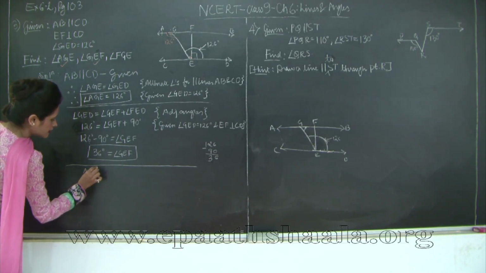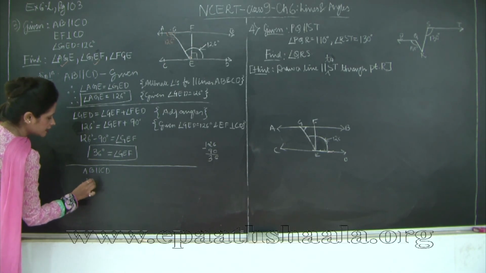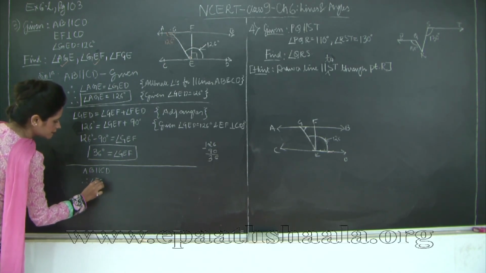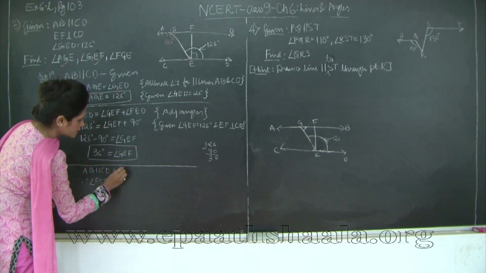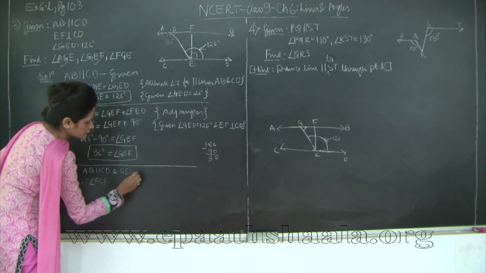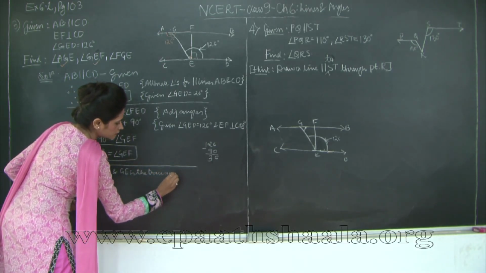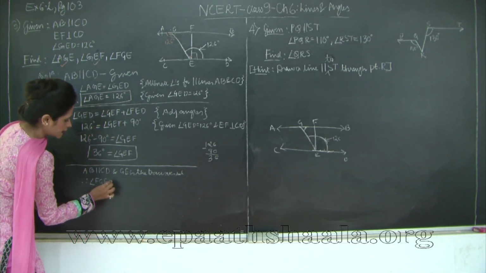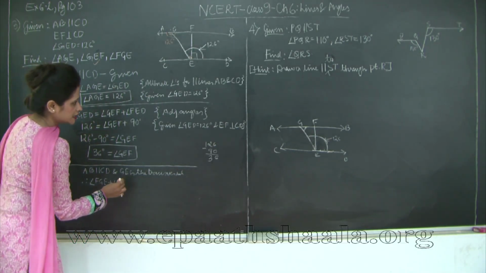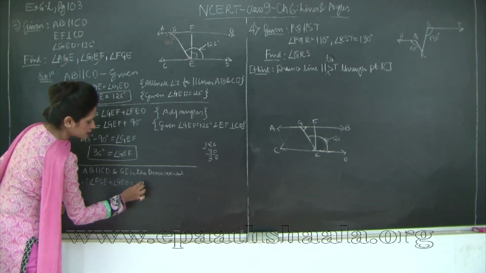AB is parallel to CD, therefore angle FGE, and GE is the transversal. Therefore, angle FGE plus angle GED is equal to 180 degrees.